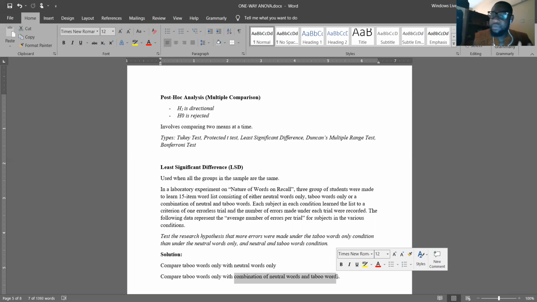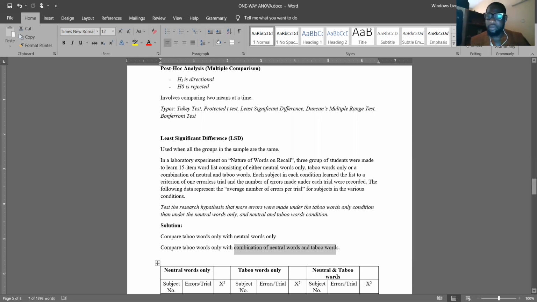So these are the key indicators they spell out in their hypothesis: definitely taboo words only will commit more errors than neutral words only, then again, taboo words only will commit more errors than those in both conditions. Okay.